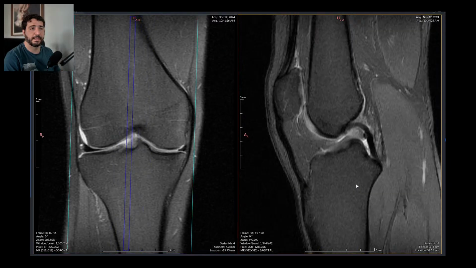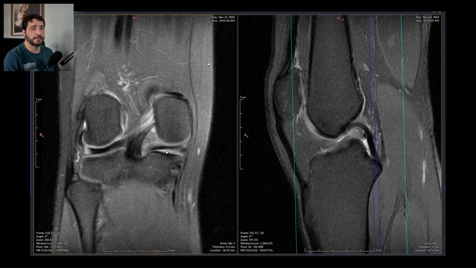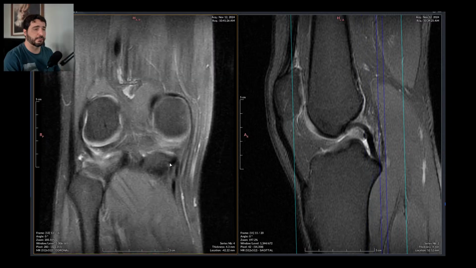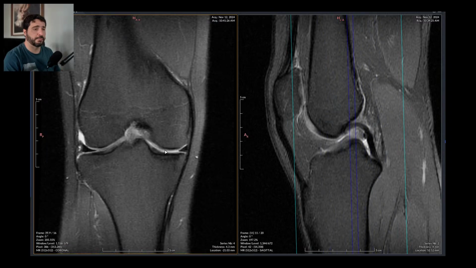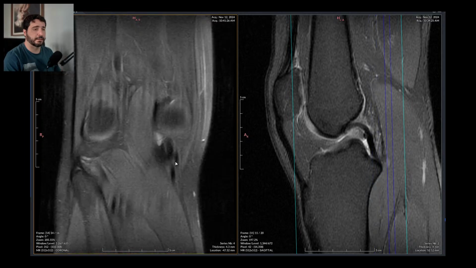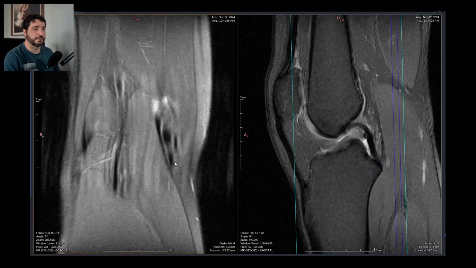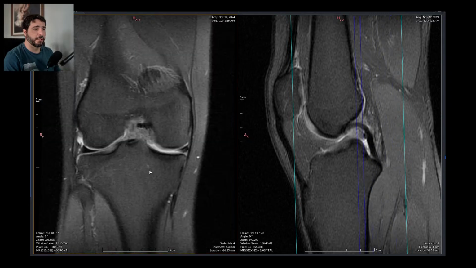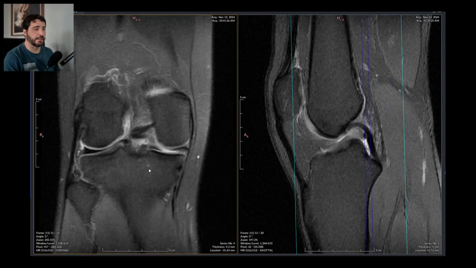Might be just that. So indeed there is a horizontal tear right there on the posterior horn of the medial meniscus, and it indeed reaches the tibial articular surface right there. And indeed there is a rupture of the anterior cruciate ligament right there.